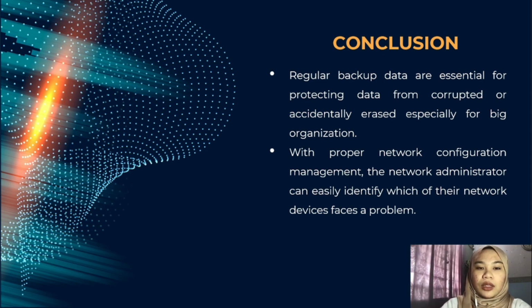Meanwhile, archiving data generally refers to long-term storage of data that is no longer in regular use but can be restored if needed. With proper network configuration and management, the network administrator can easily identify which of their network devices face a problem. This method could help a big organization handle their data management efficiently.